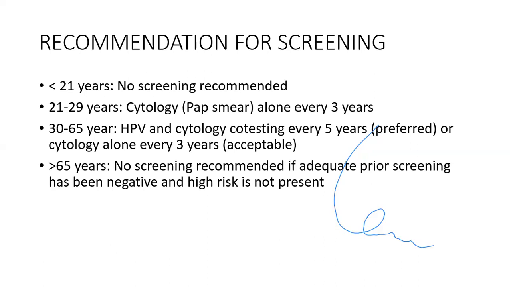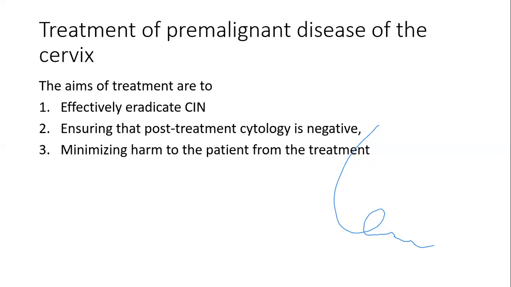Between the ages of 30 to 65, both the HPV DNA testing and the cytology can be done every 5 years. And this is preferable. However, if this cannot be done, the cytology alone is acceptable. And beyond the age of 65 years, no screening is recommended if adequate prior screening has been negative and high risk has not been identified.